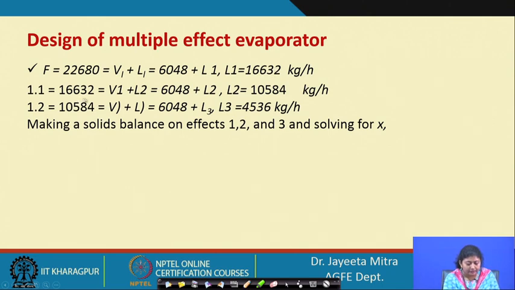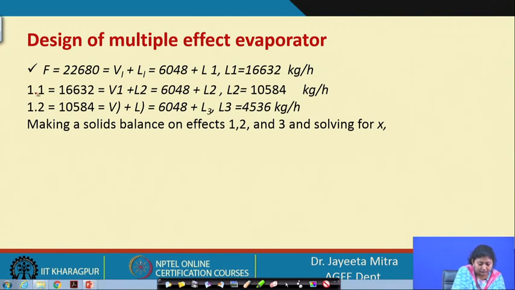Now, again using that L1 value, L1 is equal to V1 plus L2. So, we will calculate L2 and then again using L2, this will be L1 and this will be L2. So, using that we can calculate V3 and L3. So, L3 is equal to 4536 kg per hour.